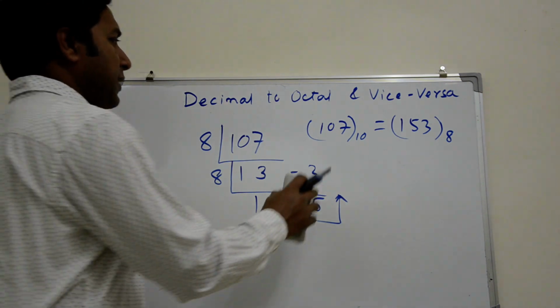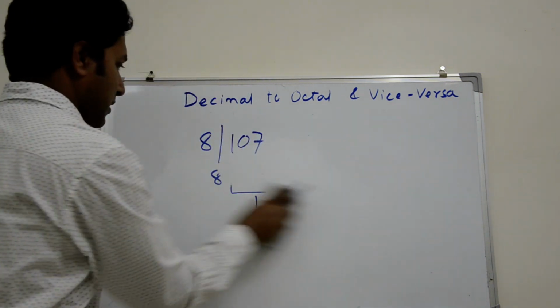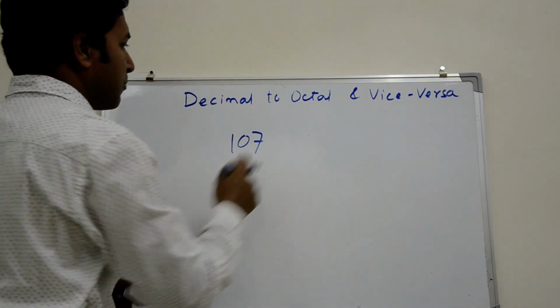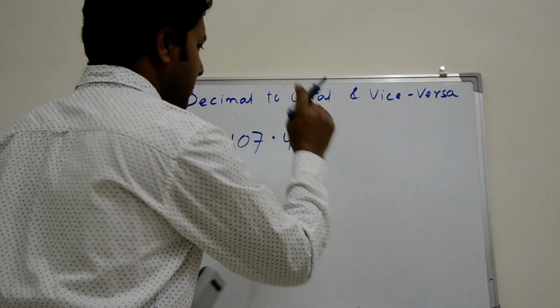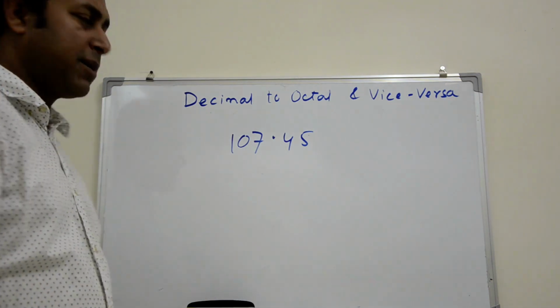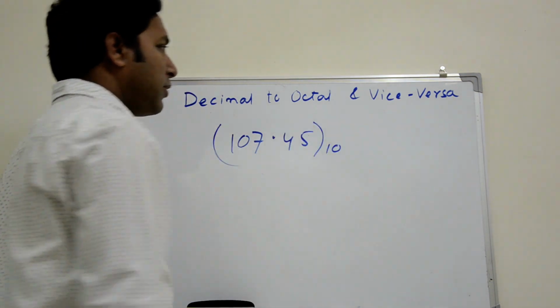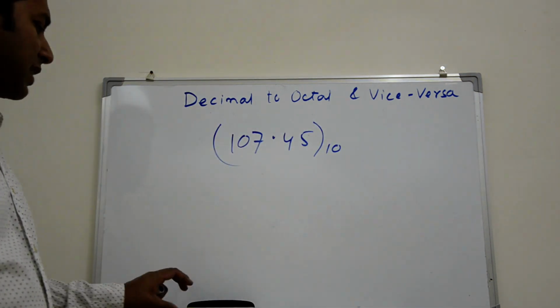Now if the number is with a decimal point, like assume 107.45, this is a decimal number and we need to convert that into an octal number.